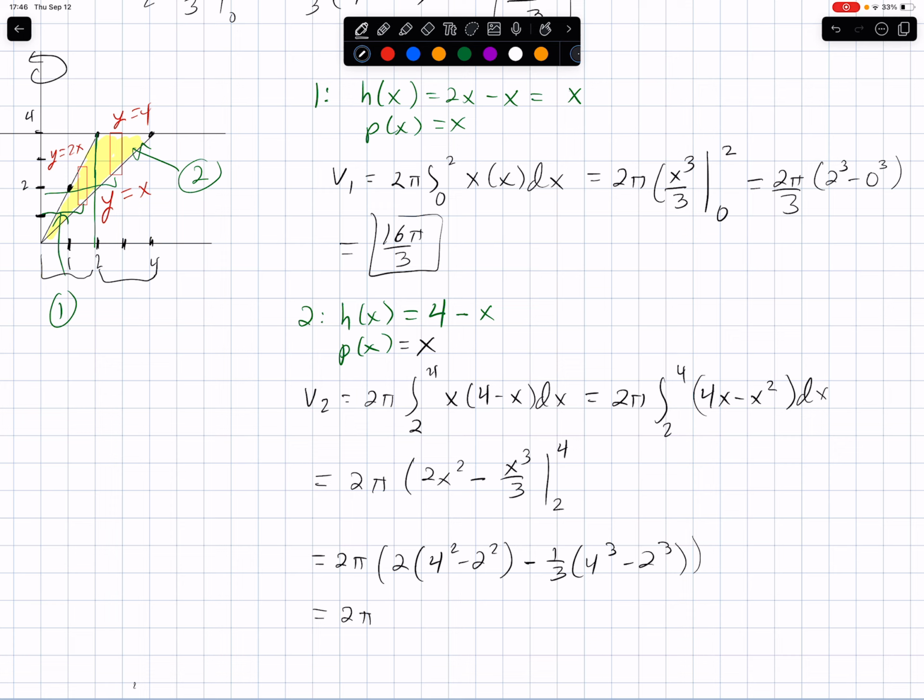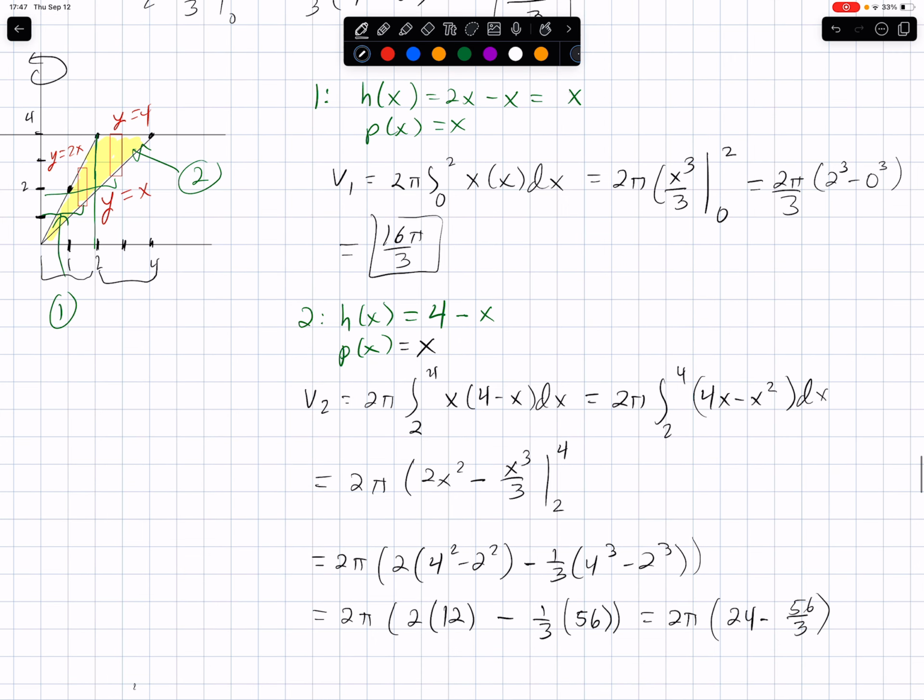So that's going to be 2 pi, 2 times 16 minus 4, that's going to be 12, minus 1/3 times 64 minus 8, so that's going to be 56. All right, so that's going to give us 2 pi times 24 minus 56 over 3.